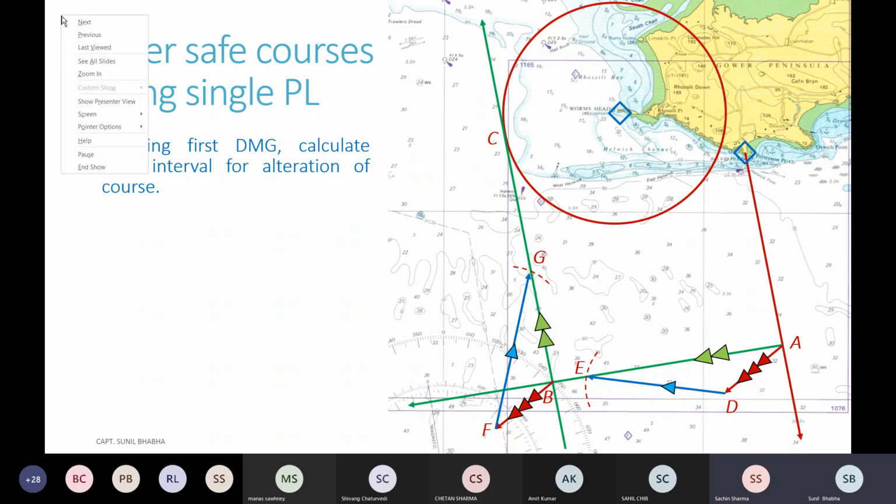Sir, right. In this case it could happen, because there are two courses to steer, sir, that's why I was asking. Okay beta, the examiner, the paper setter, will take care that our wind should be such that it is on one of the bows on both these courses. So he will give you such a direction that you will be able to easily identify on both the tracks whether the wind is from the starboard side or from the port side. Like in this particular case, just to give you an example, he can give you a northeasterly wind. So when you have the northeasterly wind, you know in both cases the starboard side is our windward side.